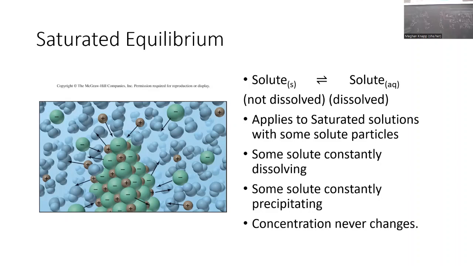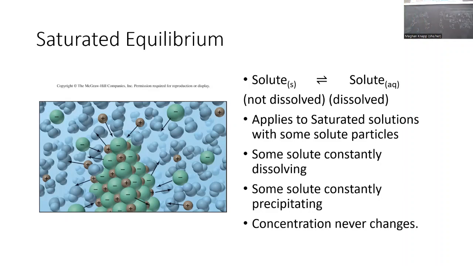And so we need both of them because we need to have both processes going on. If I don't have any particles that aren't dissolved, I can't have the forward reaction of dissolving happening. So some solute is constantly dissolving, some is constantly precipitating out.